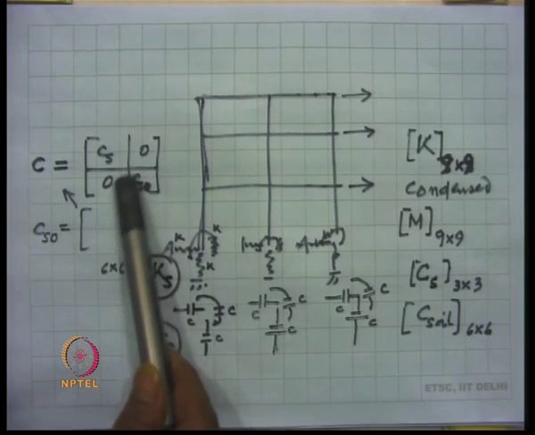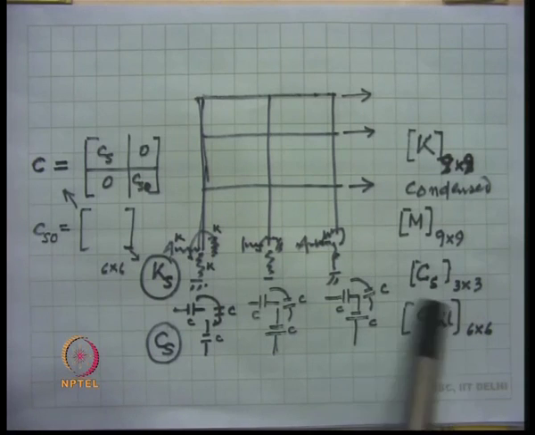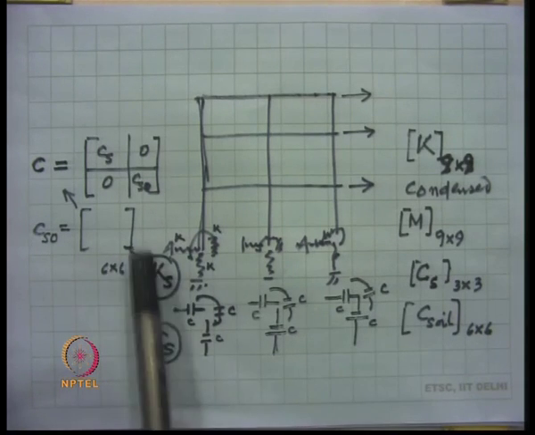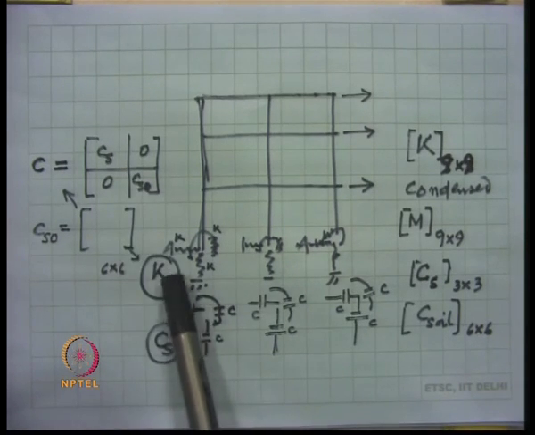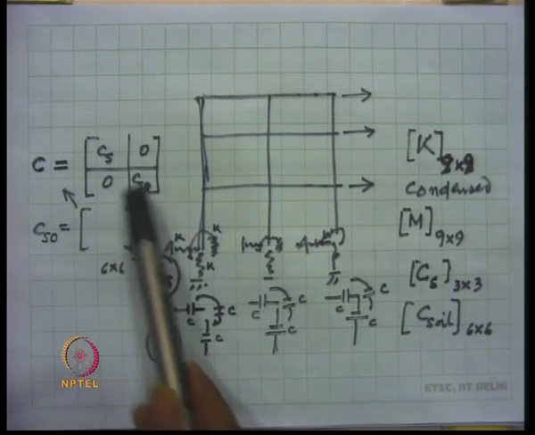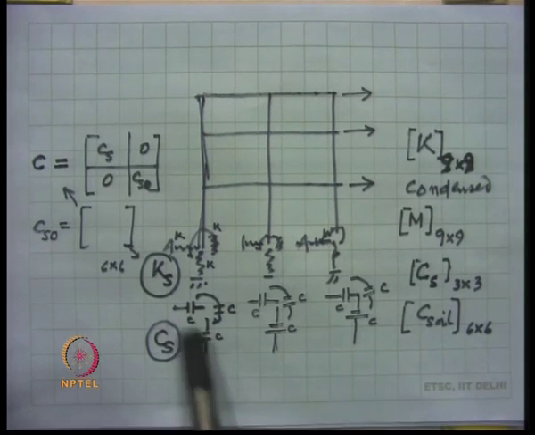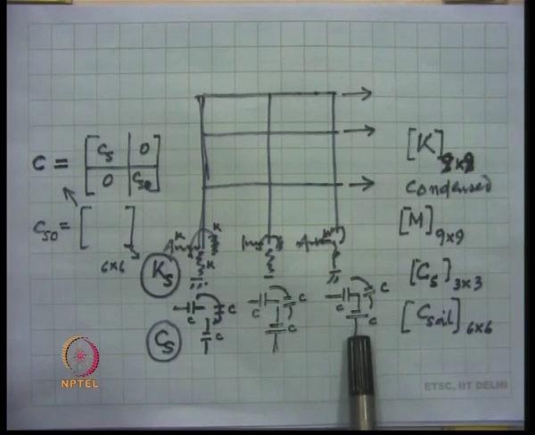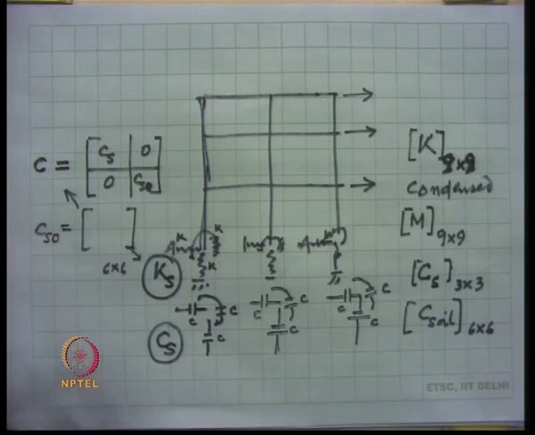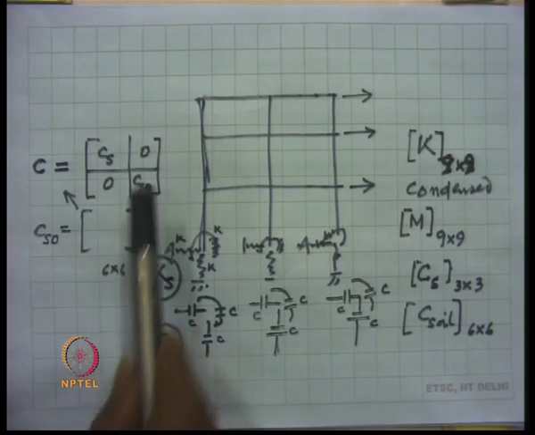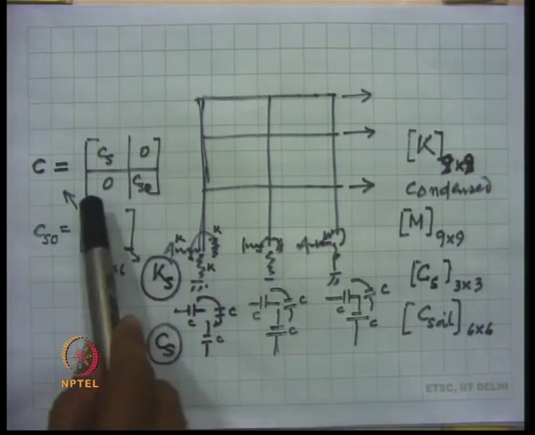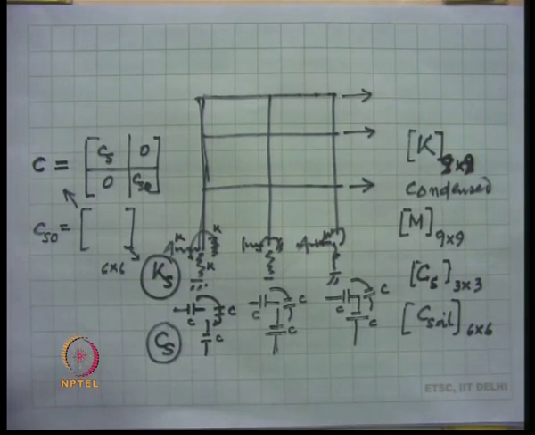The other part of the damping matrix is the soil damping matrix, and this can be obtained from the damping coefficients provided for the soil system. Generally, this soil damping matrix is a diagonal matrix. The coupling between the structure and the soil damping matrices is again set to 0.